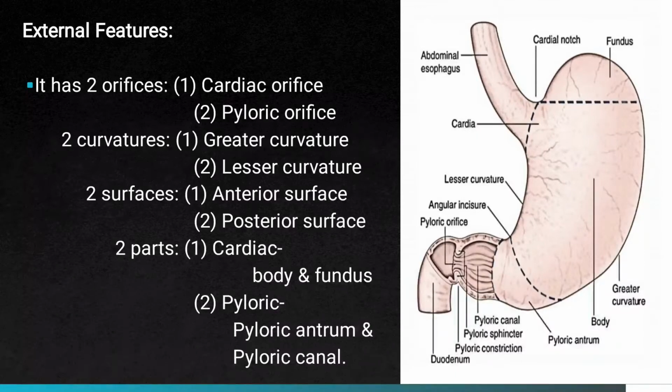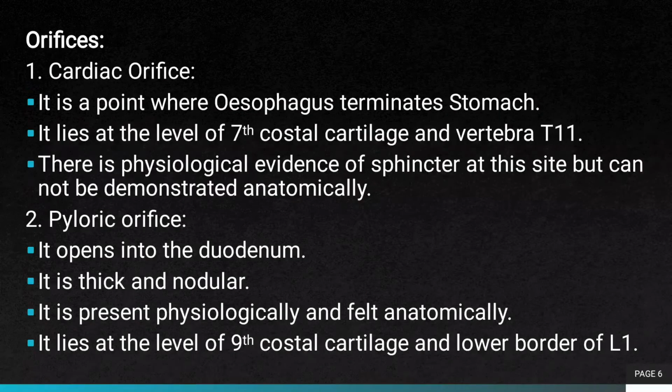External features: it has two orifices, cardiac orifice and pyloric orifice, two curvatures, greater curvature and lesser curvature, two surfaces, anterior surface and posterior surface, two parts, cardiac and pyloric. We'll learn all these one by one. Orifices. First is the cardiac orifice. It is the point where the esophagus terminates into the stomach.